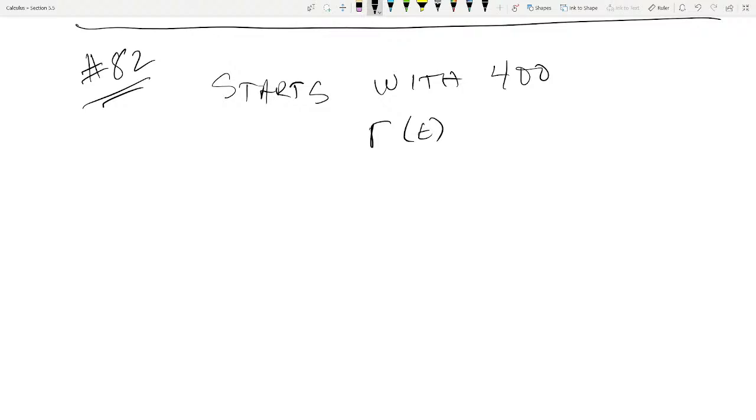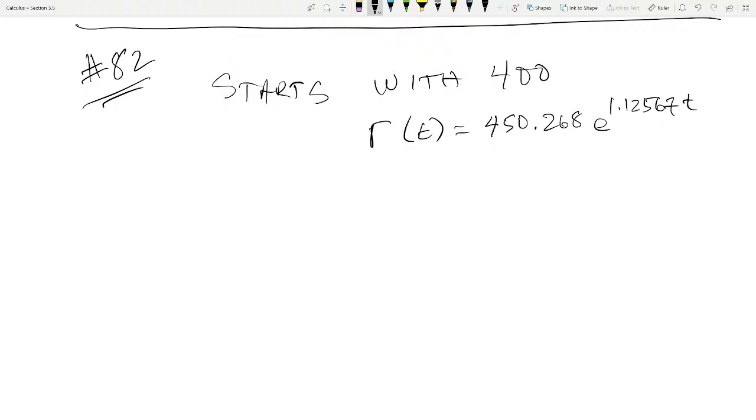R of t is 450.268 e to the 1.12567 t. Nice of them to put all those decimals in there for us.